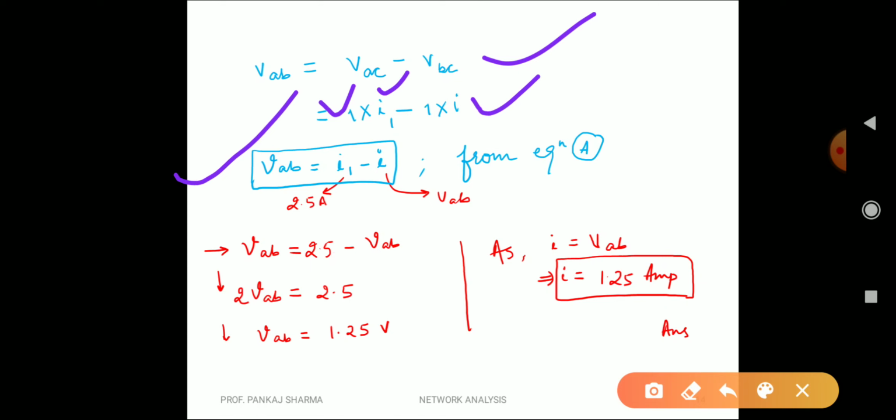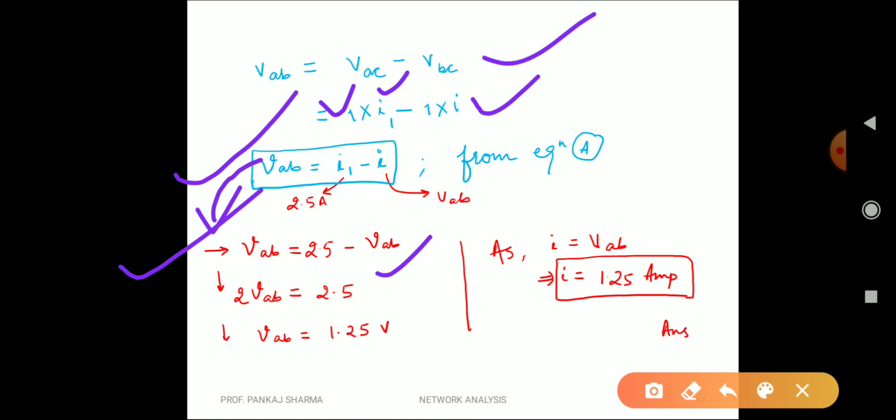We have calculated the value of I1 is equal to 2.5 ampere, and we have just seen the value of I from equation number A. I is VAB. Put this in, and the equation will be written as VAB is equal to 2.5 minus VAB.